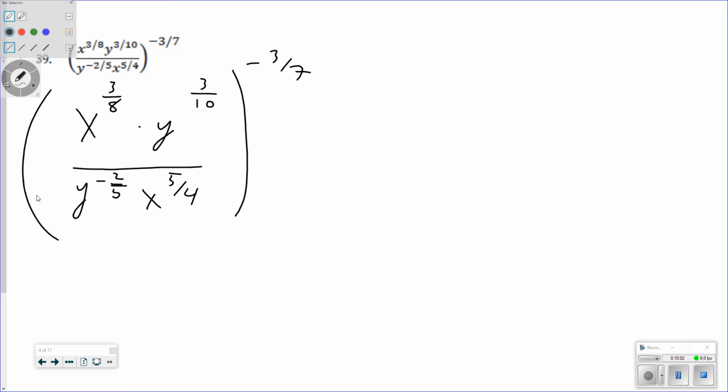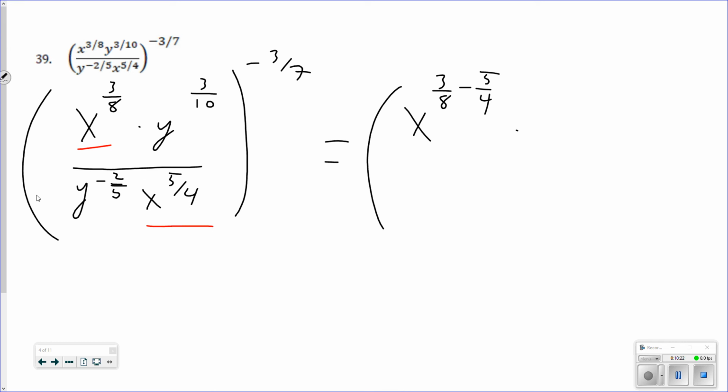So it's x to the 3/8 and it's x to the 5/4. I can combine those, where, since this is being divided, you can subtract them. We'll rewrite the x's as x to the 3/8 minus 5/4. The y, same thing. That negative 2/5, you move it to the top to get y to the 3/10 plus 2/5.